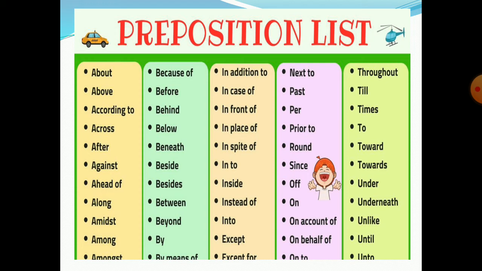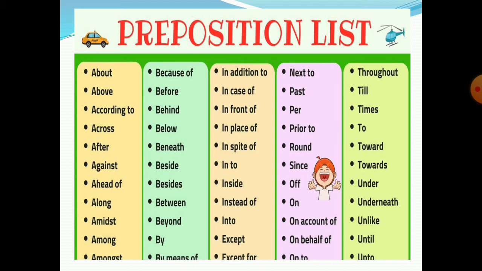And second kind is compound prepositions. Compound prepositions are formed by modifying another words like above, about, across, along, among, around, before. All these are the examples of compound prepositions. And the third kind is phrase prepositions.